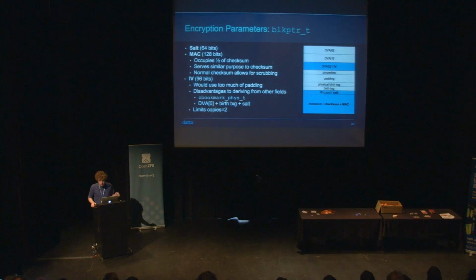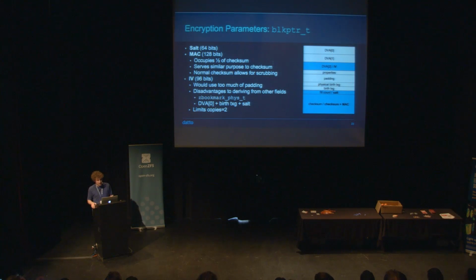For the MAC, we're going to store that in the checksum. It's basically going to be 128 bits long, which is half the checksum. The reason we can do this is because the MAC and the checksum serve the same purpose. The checksum is there to make sure the data is exactly as we wrote it, and the MAC is the same thing, but it also protects against malicious users. There are two reasons why we split it in half and calculate both.